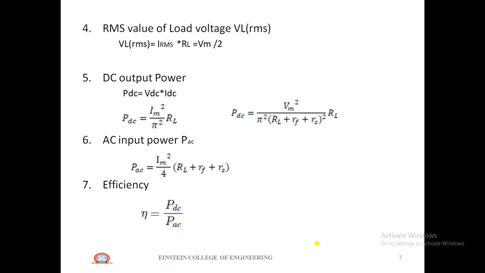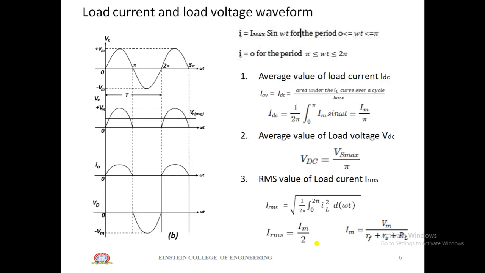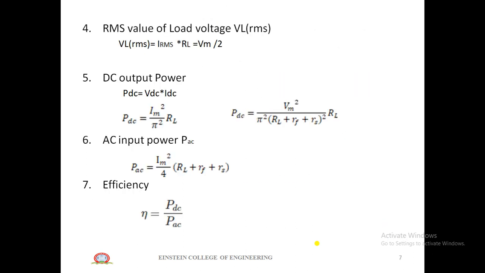And next is the DC output power. The power equation is VDC into IDC, which we saw in the first and second equations. Substitute the equations and simplify, and we get PDC is equal to Im square by pi square into RL.